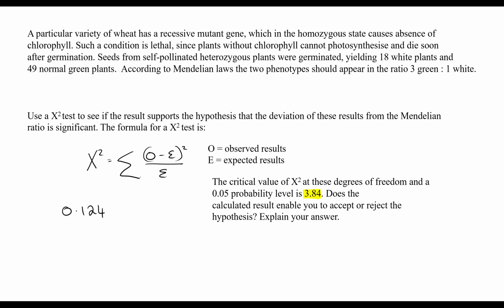Well, the first thing we need to note is that our measured chi-squared value was 0.124. So this is less than the critical value, which is 3.84.